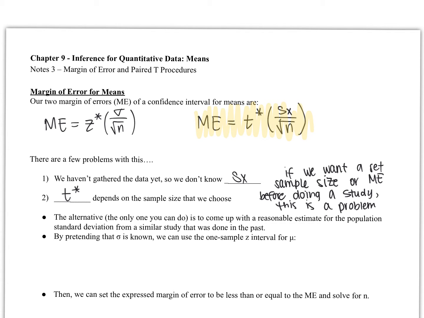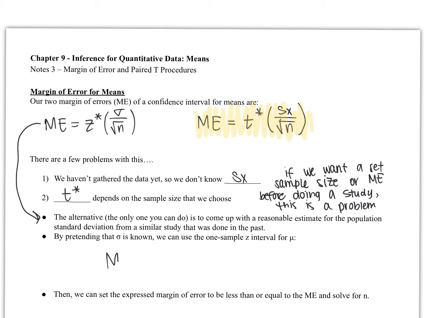So the alternative and the only thing we can do is come up with a reasonable estimate for the population standard deviation from a similar study that was done in the past. So that's where the other formula is going to come in. By pretending that we have a known standard deviation, we can use the one sample z interval for a mean.